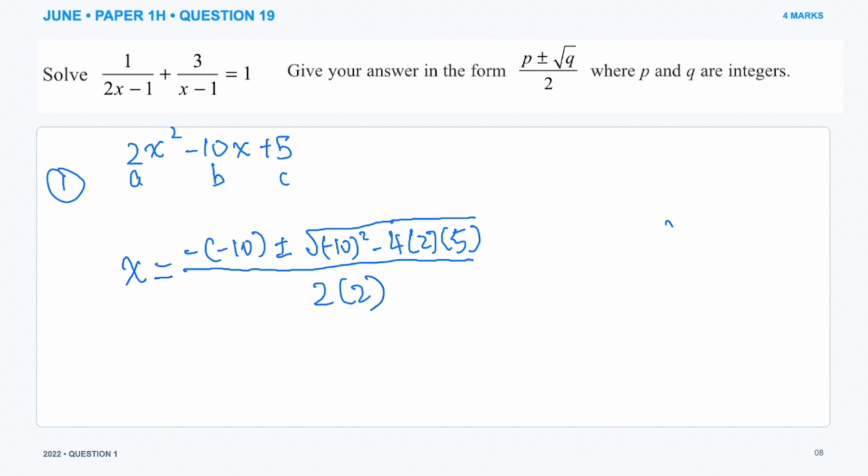Now that we got this, we're going to get everything done. So we're going to get 10, add or minus square root of 100 minus 40, because 10 times 4 is 40. So we're going to get root 60 over 4.